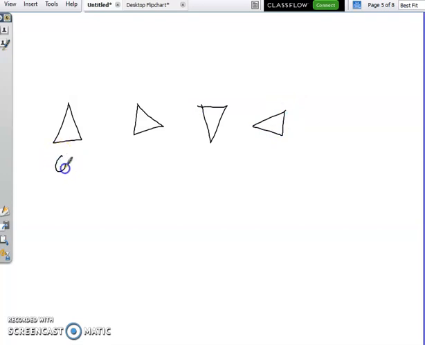Here's our starting 0, or if I come all the way back around, 360. 90, 180, 270. Each time increasing by, I'm sorry, by 90. Each time increasing by 90. Original.